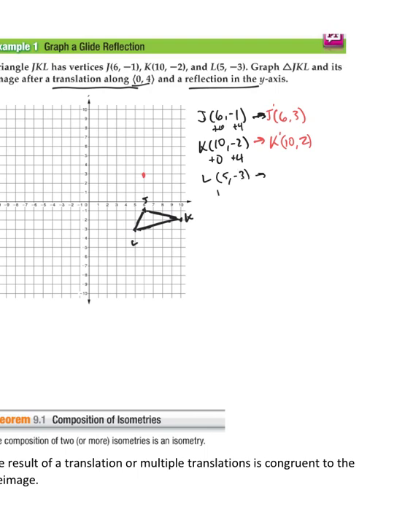So again, same translation, add 0 to x, 4 to y. 5 + 0, guys, is 5. -3 + 4 is 1. So plotting that point K, 10, 2, 5, 1. Here you got J prime, K prime, L prime. Everything just went up 4 units, just changing the y direction.